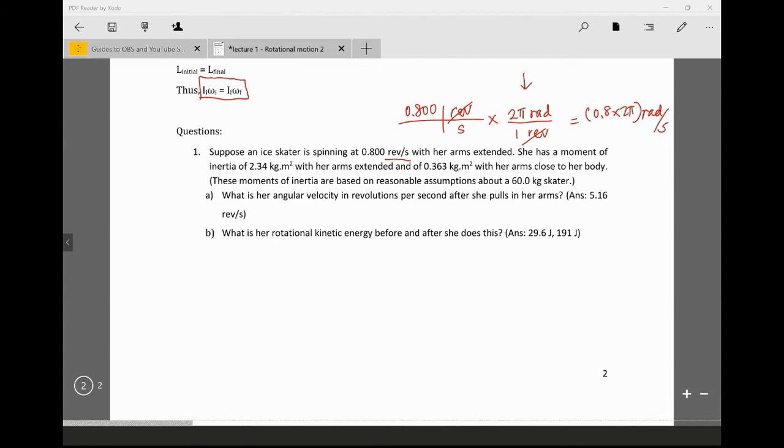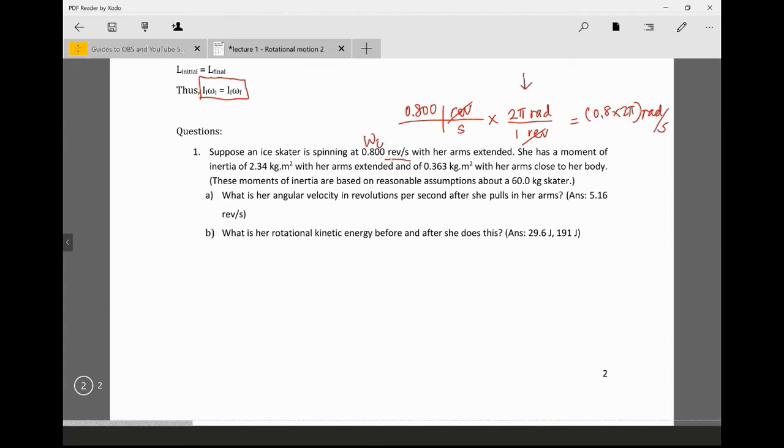So, part A. I scatter here, 0.8. This is your initial angular velocity with her arm extended.